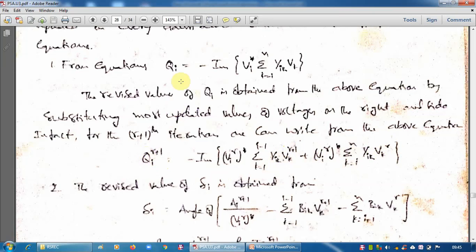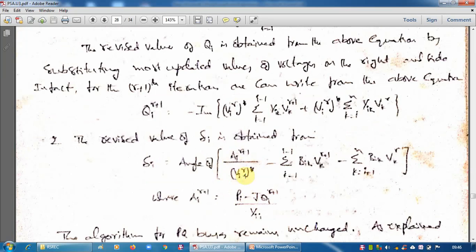So like that, if it is a generator bus or PV bus, we have to calculate Q for that bus and make use of this Q in the voltage equation. This is the voltage equation. Here you see, we are getting this. This is only written in some other form, that's all. Here in this place you use this, then that will be the voltage equation.